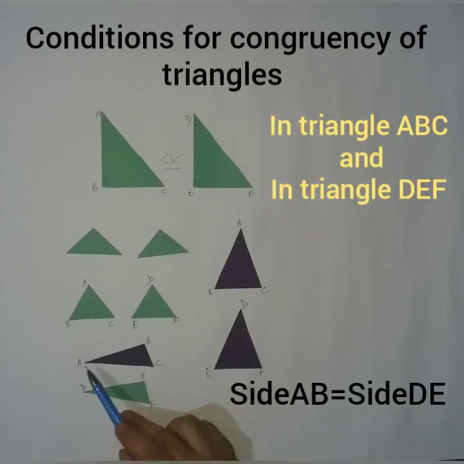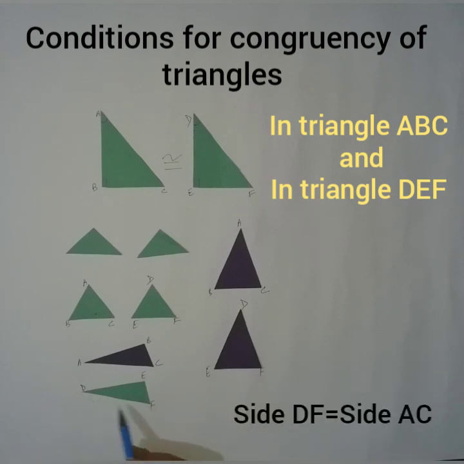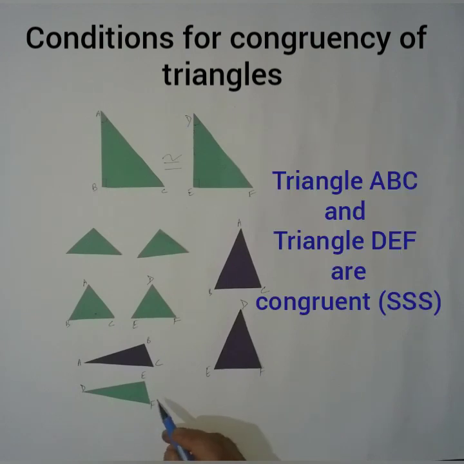Here side AB is equal to side DE, side BC is equal to side EF, and side DF is equal to side AC in these two triangles. Then according to the SSS condition, these two triangles are congruent because the corresponding sides of these two triangles are equal. AB is equal to DE, BC is equal to EF, AC is equal to DF. That is why these two triangles are congruent according to the SSS condition.